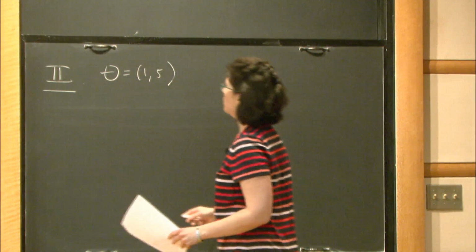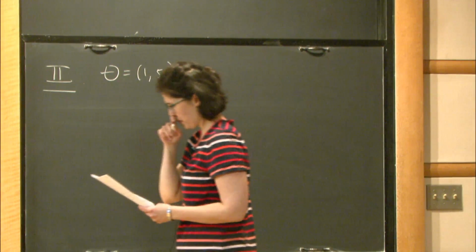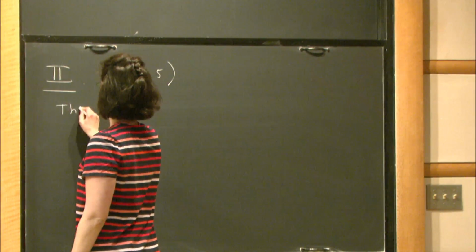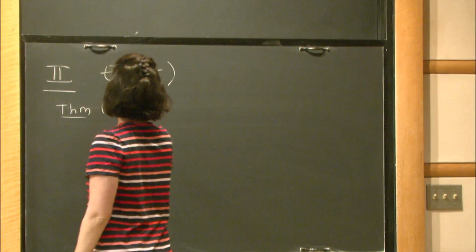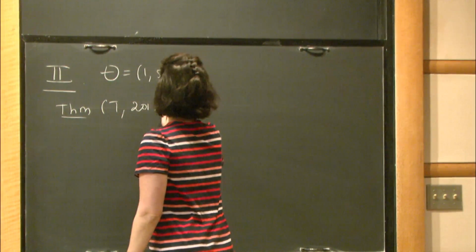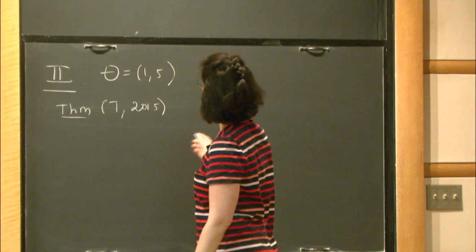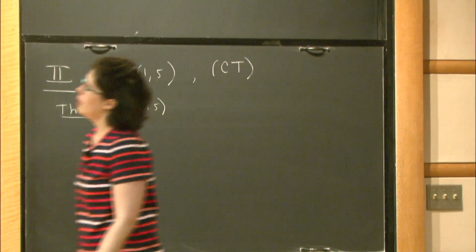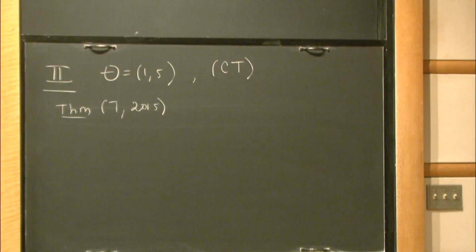So in the case where theta is a bounded interval, in my work, and now I'm back to the Cane-Toads equation, I show that in fact solutions to this guy are uniformly bounded.